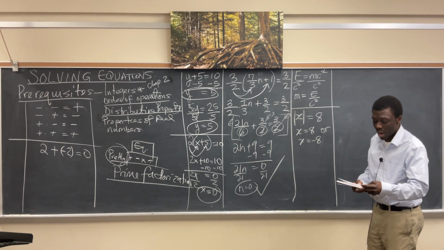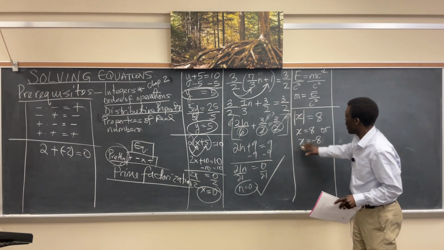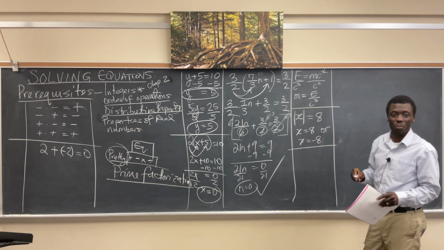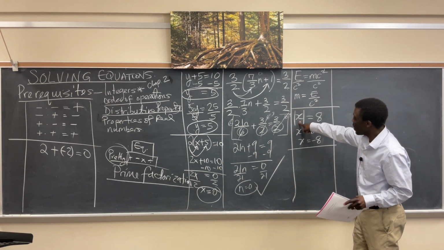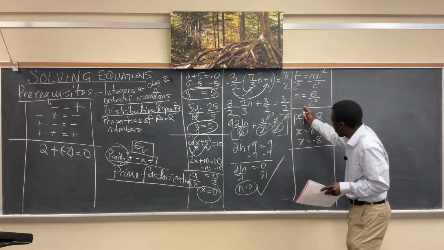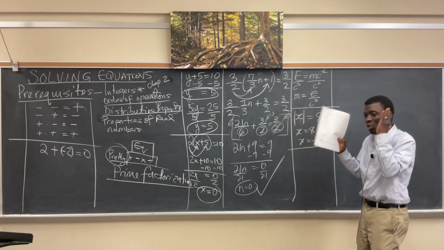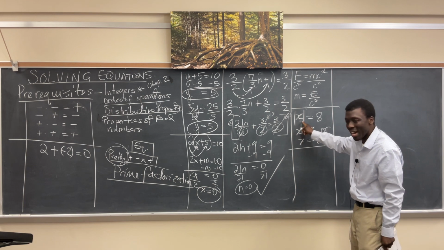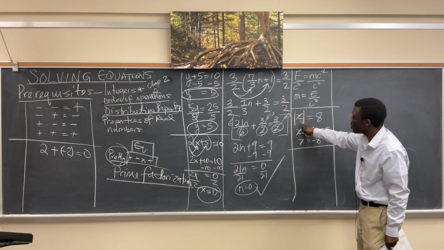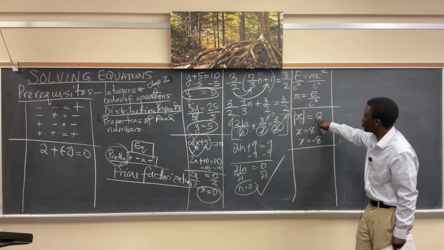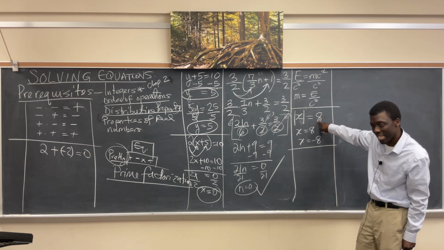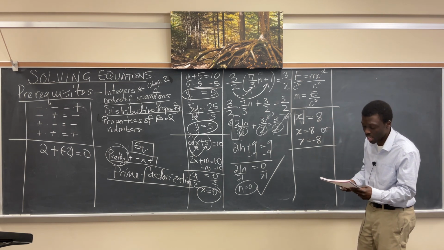That's part of how these numbers work with absolute value. So that's the beginning of our absolute value problems. You always isolate this part. You always need that part by itself, because once you have that part by itself, you just give us a positive of this and a negative of this. That's just the way absolute value equations work.